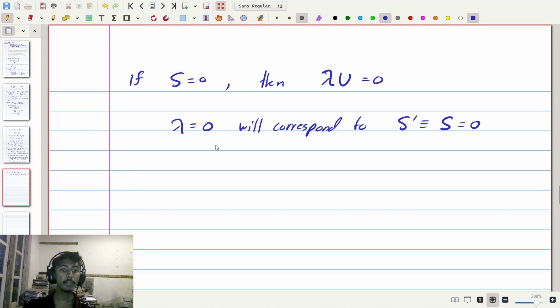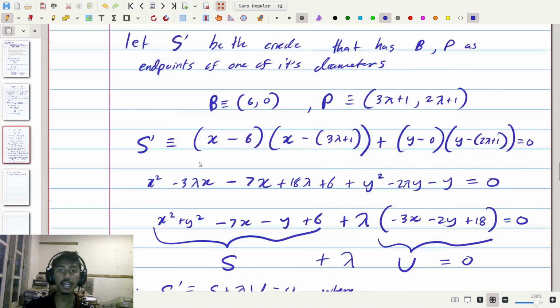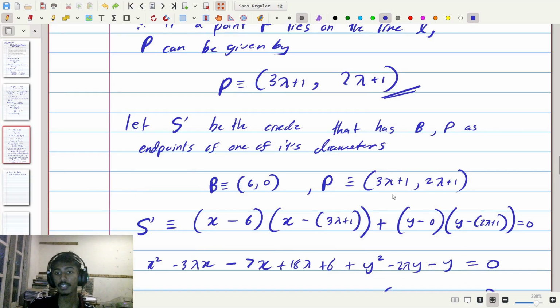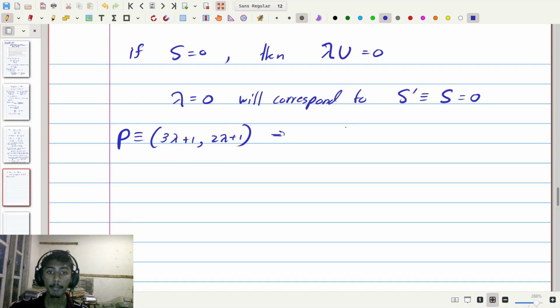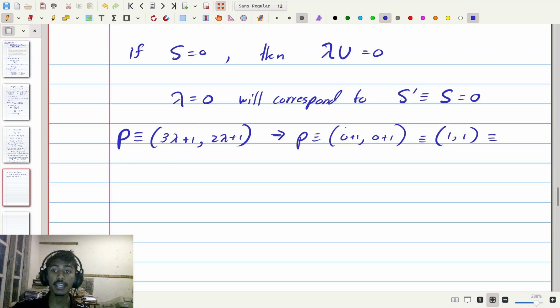Now if we consider lambda equals 0, lambda is related to the point P, and if we substitute lambda equals 0 into P, P is given by 3 lambda plus 1, comma 2 lambda plus 1, which turns into P given by 0 plus 1, comma 0 plus 1, which is 1 comma 1, which is exactly the point A as we found previously. So the point P turns into the point A when lambda equals 0.